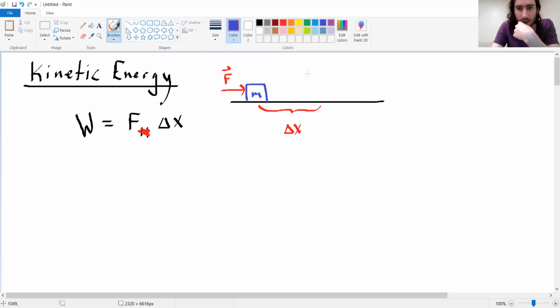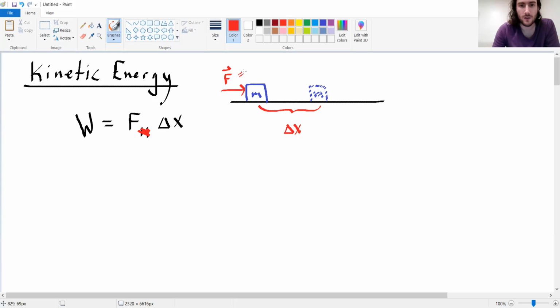I'll draw in the dotted lines here again. So that's our mass M. It's a force being applied to an object, and it has a displacement, so there's work done by that force. I mentioned in passing before that we could apply Newton's second law and write this force as F equals ma.